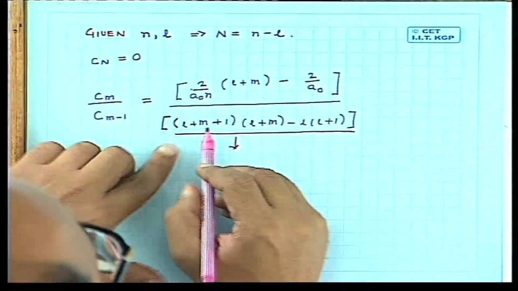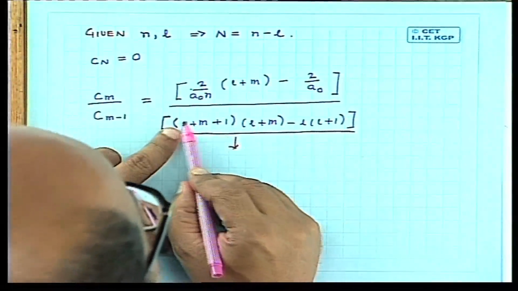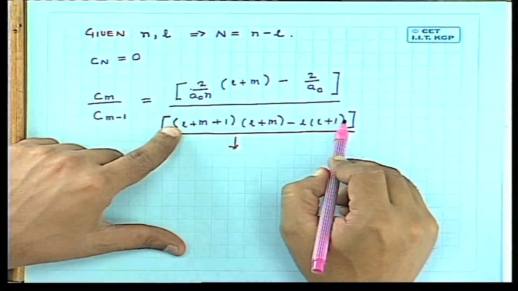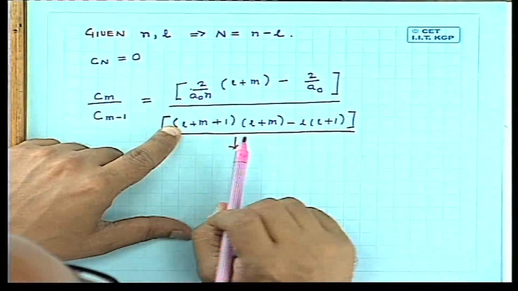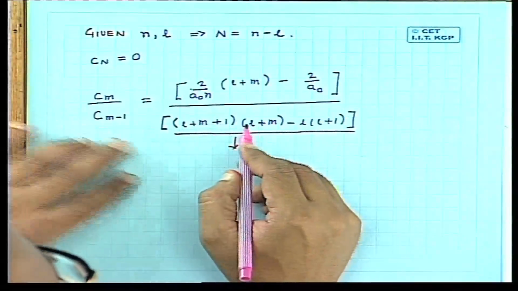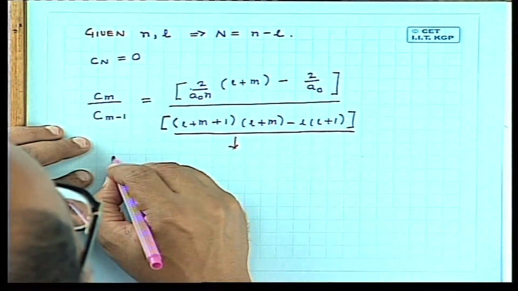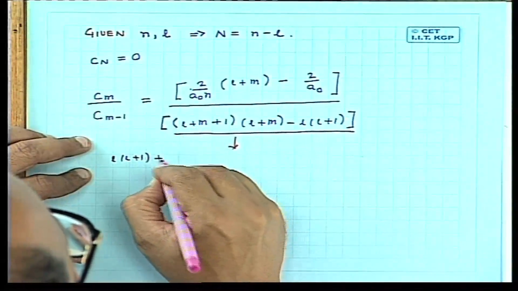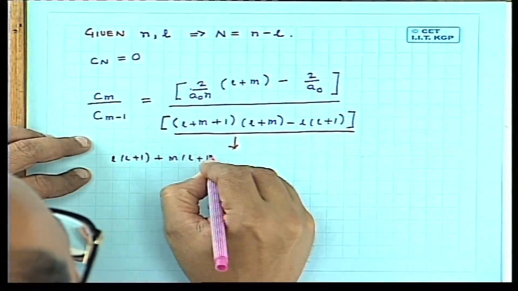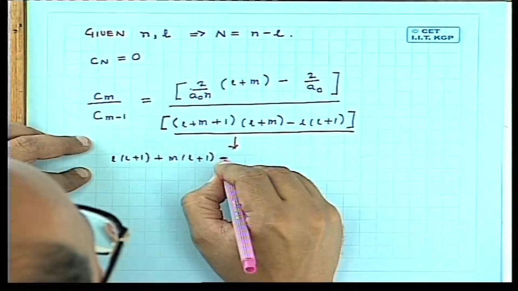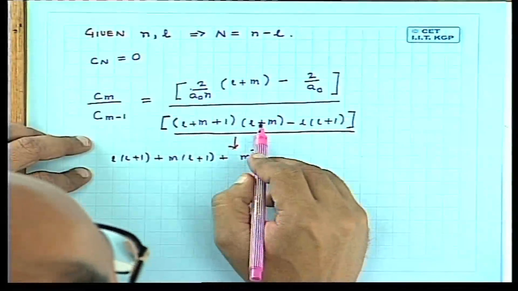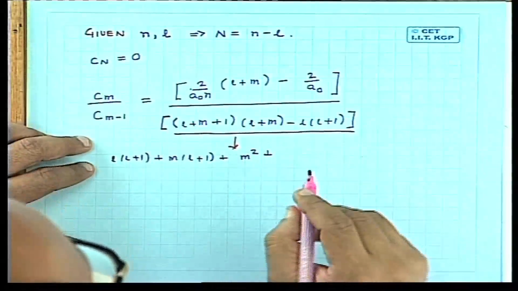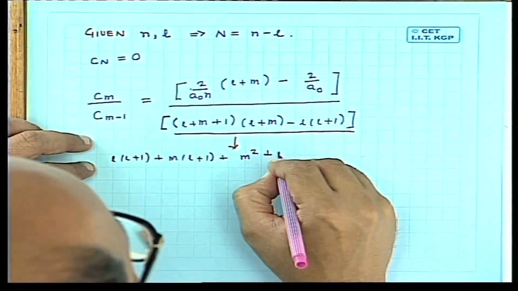There is one term which is L into L plus 1, which will cancel out with this L into L plus 1 here. So I will not bother to write that term. Let me just write that term also. So this will become L into L plus 1 plus m into L plus 1 plus m square, m into m plus 1, and L into m.